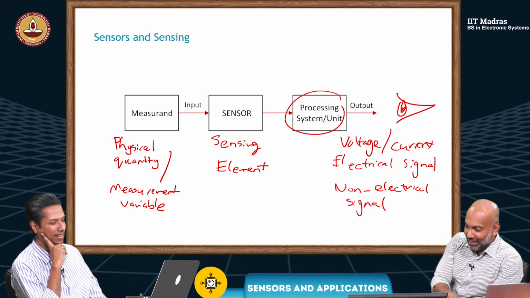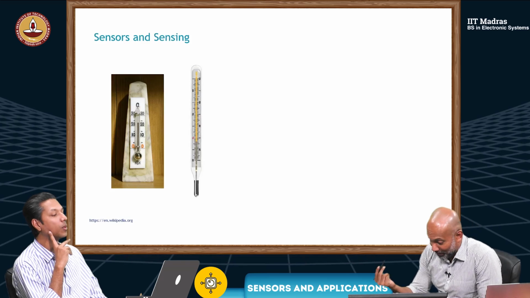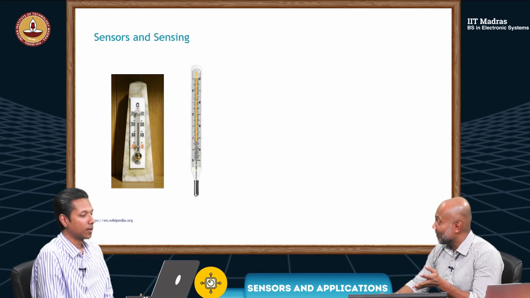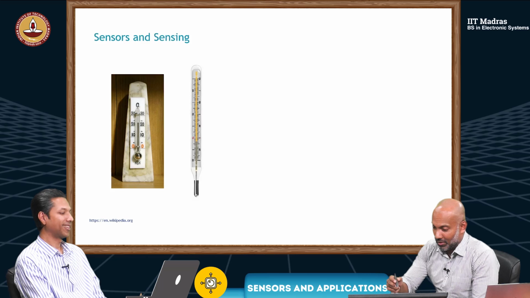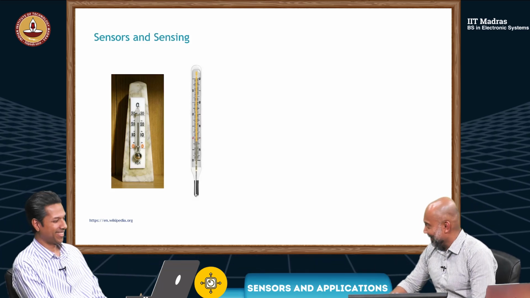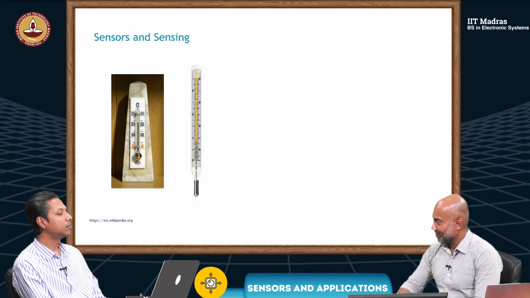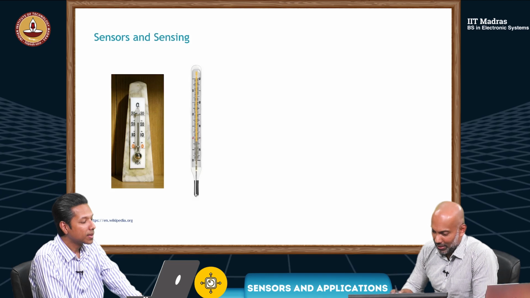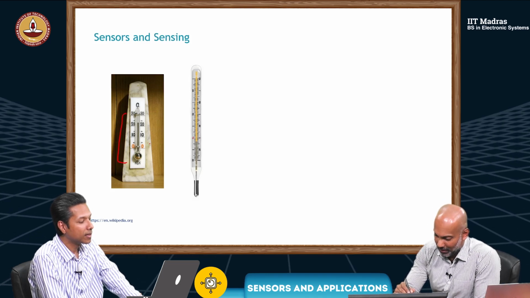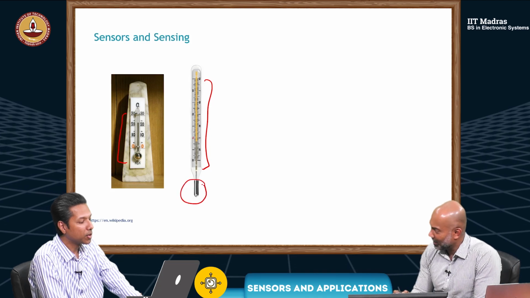Remember when you were kids, if you went to the doctor, he would put this under your tongue and measure the temperature. But here I don't see any electronics. That's true, there are no electronics. There's a scale here, and there's mercury there.